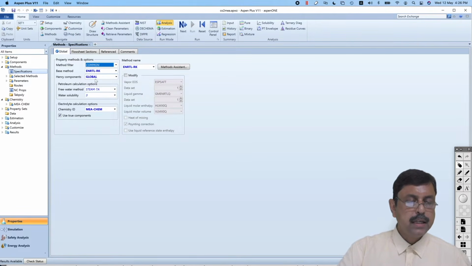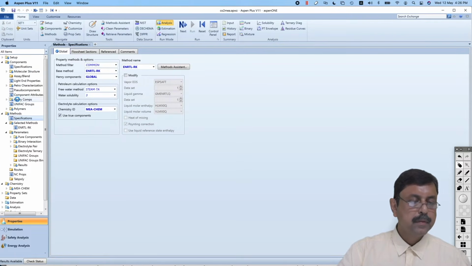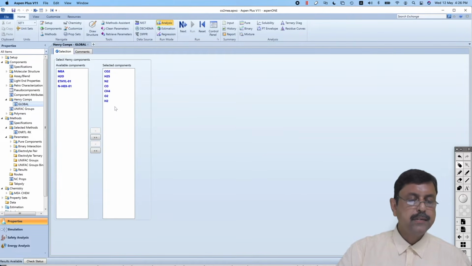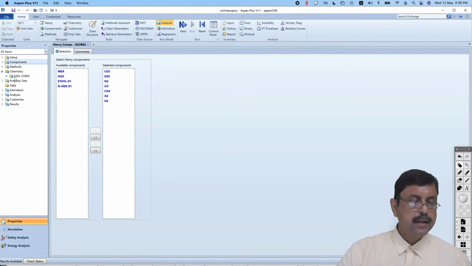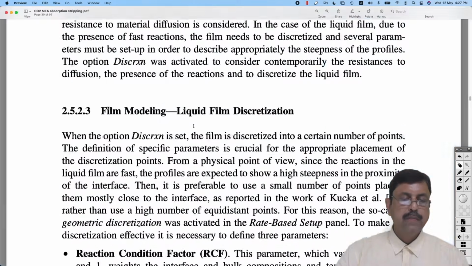What are the Henry's components? You will find them over here. So we have this Henry's component. So these are the selected Henry's components in the problem. And this is the chemistry for MEA. You will find them over here.